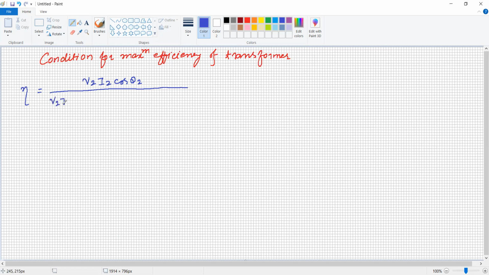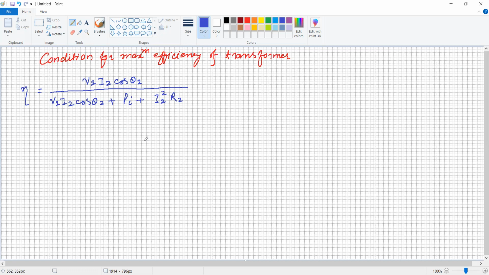So it is V2 I2 cos theta 2 plus iron losses Pi plus copper losses, which is I2 square R, multiplied by 100 is the efficiency.